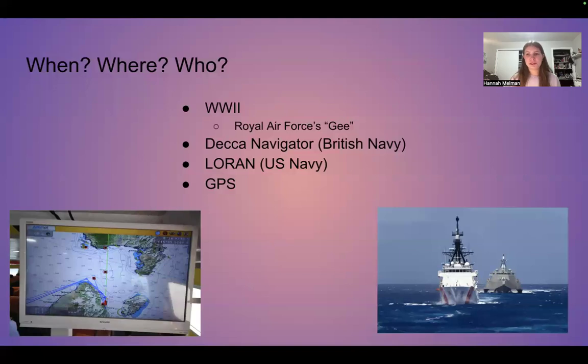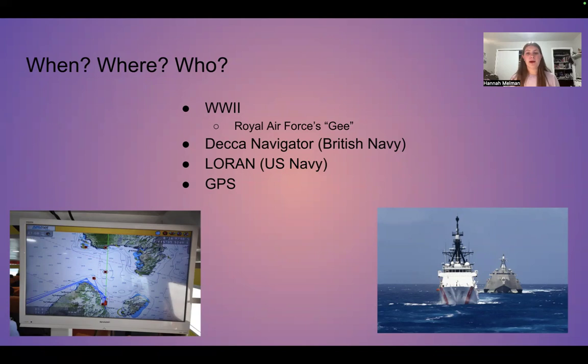So who actually uses this? In World War II, it was first used to help with bombs and missiles, and to help the navies pinpoint where they were and navigate around the ocean.